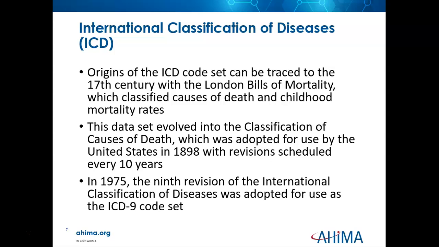They needed a way of identifying how their population was dying. Was it plague? All sorts of different ways that you could possibly die back in the 15th and 16th century.